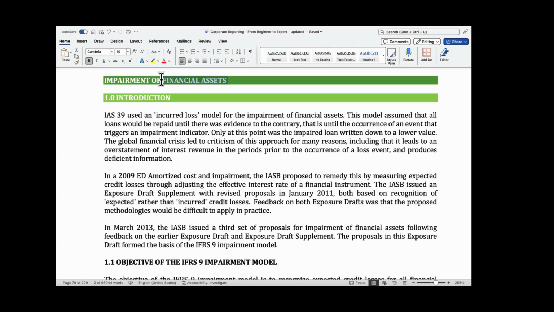However, the way I've just explained it to you was the way we used to see it before, which is the incurred loss model under the old or defunct IAS 39. We used to use an incurred loss model. But experience has shown that waiting till you lose the money before you recognize impairment is not good for users.